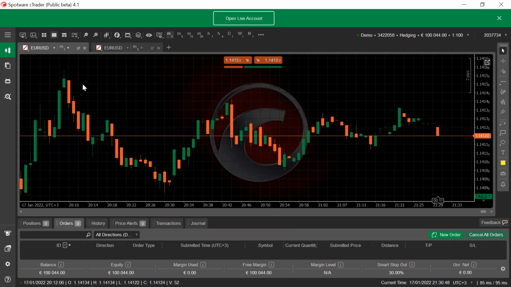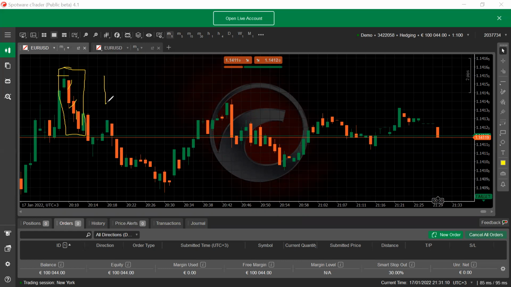If this is the 1 minute candles, and I take 1, 2, 3, 4, 5, all these 5 make one 5 minute candle. So chances are it will show up something like this.